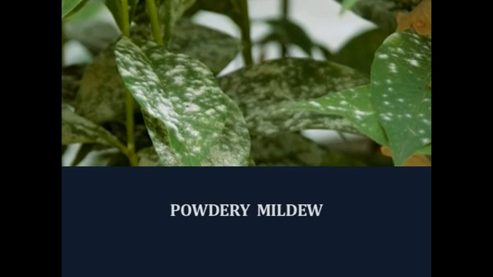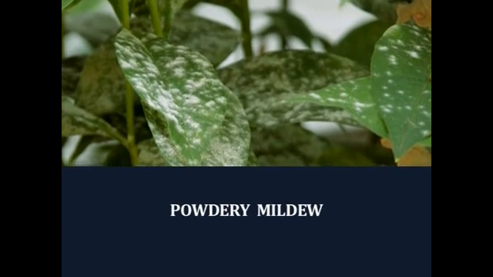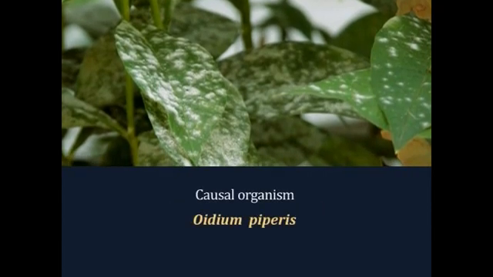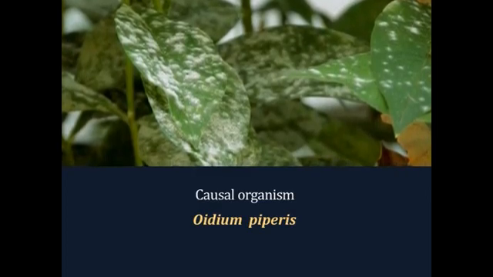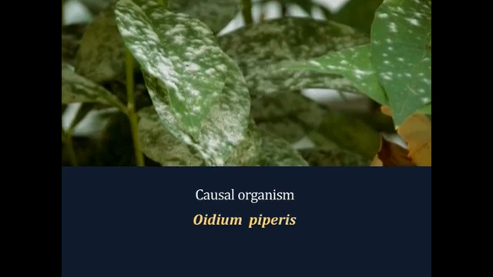Next is the powdery mildew disease. The causal organism is Oidium piperis. Now let's see the symptoms of the disease. The disease occurs on the tender shoots and leaves and affects the crop at all stages of its growth.